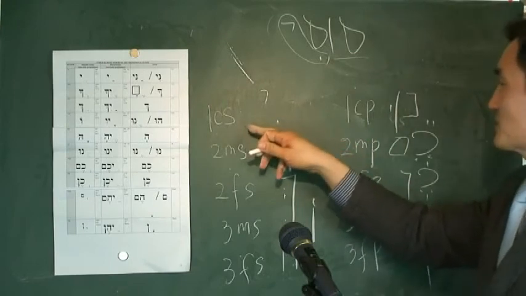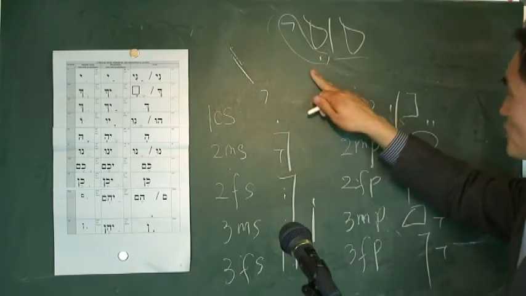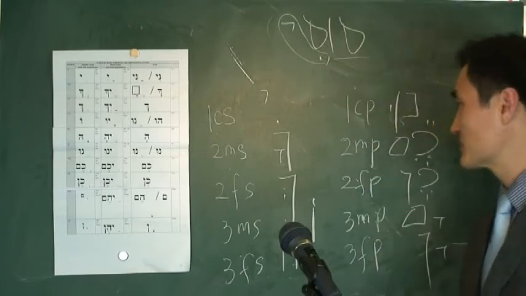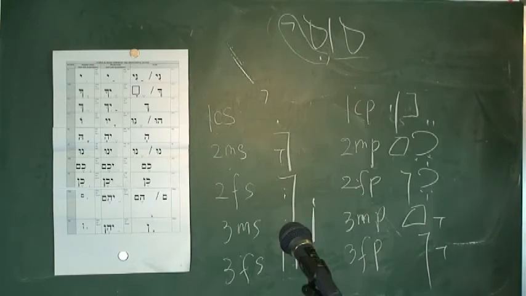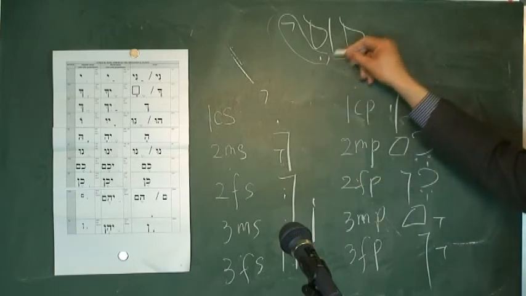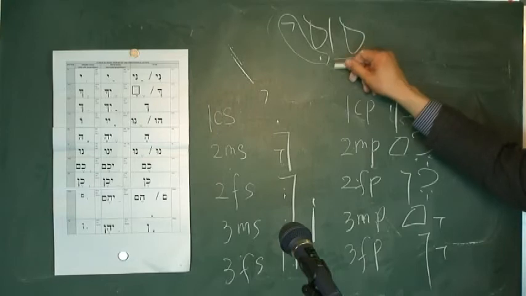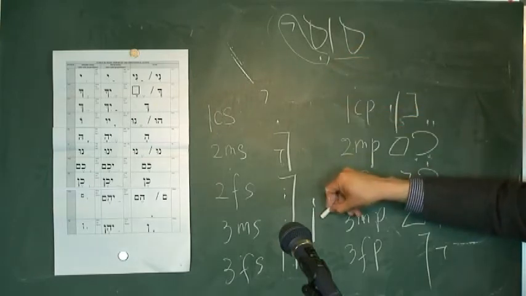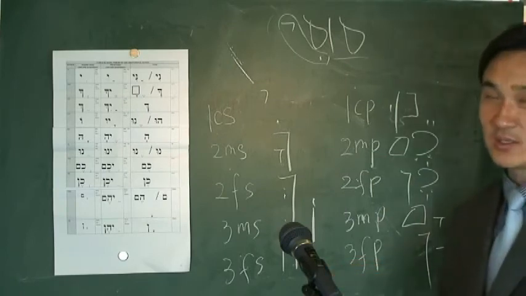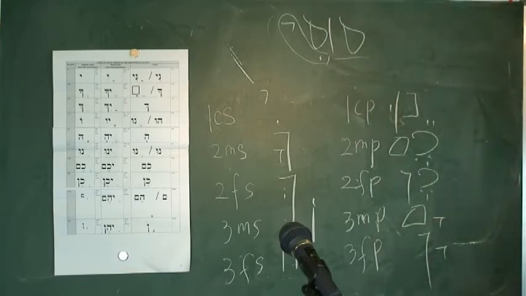If we applied this to sus, it would be susi. Because yi is added to the noun, meaning my, it would be connected to the first person common singular. But because it must be a possessive case, it would become my horse. Susi would be my horse.